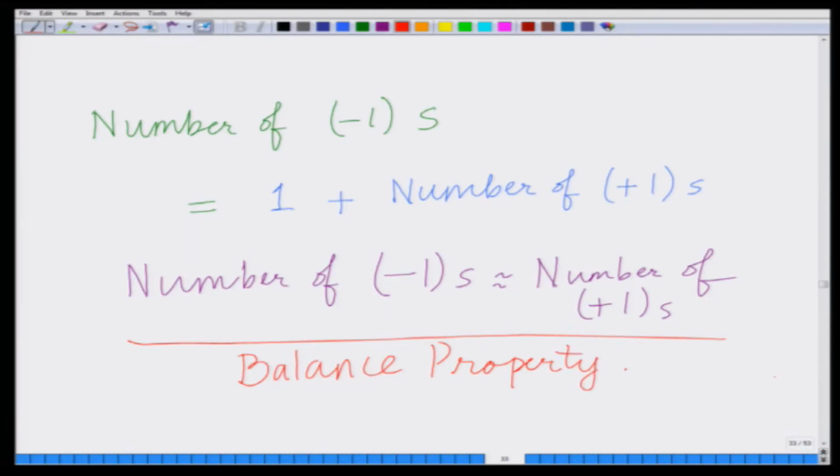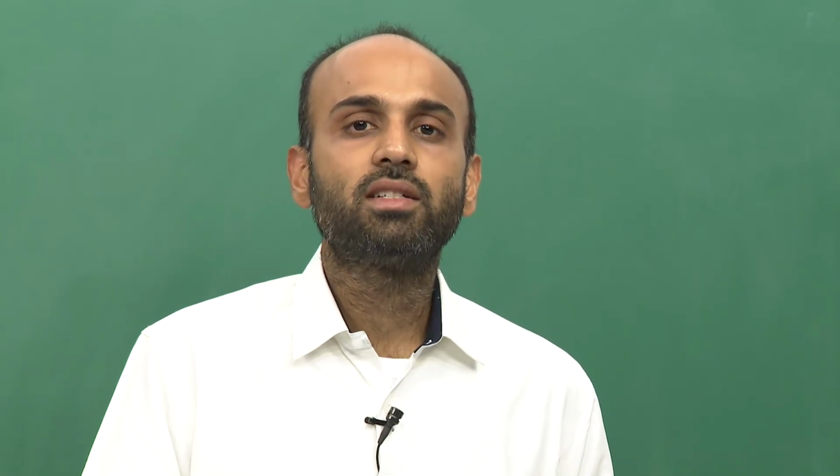If I take a length n PN sequence, approximately half of the symbols are minus 1 and approximately half are plus 1. More precisely, the number of minus 1 symbols is exactly one more than the number of plus 1 symbols in the PN sequence. This is the balance property of the PN sequence. Okay, so this is property number 1.